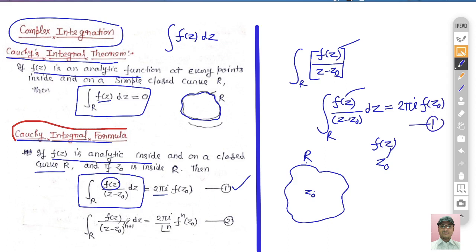Now the second case: suppose a power is given. Here there is a power 1 in f(z) upon z minus z0 raised to the power 1. But if you see the integration f(z) upon z minus z0 raised to the power n plus 1 dz, and the power is greater than 1, then you have to use the second formula, that is 2 pi iota upon factorial n times f^n, the nth derivative at z0.